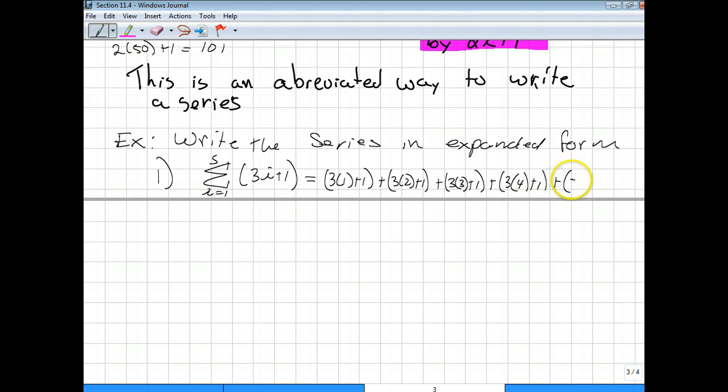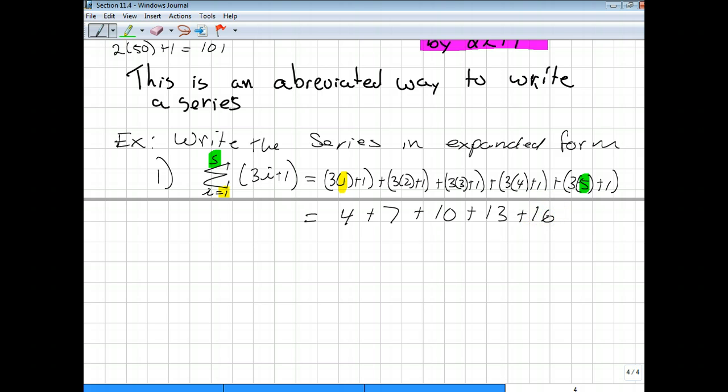And then the fifth term would be 3 times 5 plus 1. Okay, so notice that this number here matches this number, and this number matches the last one. Okay, so in expanded form, 3 times 1 is 3 plus 1 is 4, and that's 6 plus 1 is 7, that's 9 plus 1 is 10, 12 plus 1 is 13, and 15 plus 1 is 16.